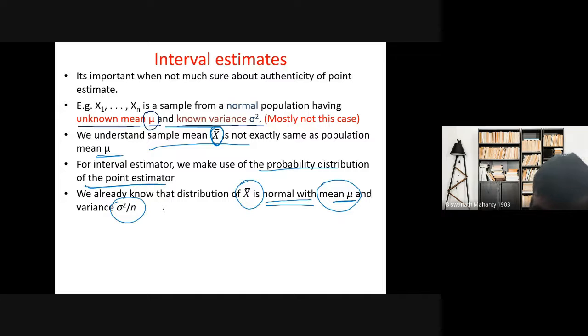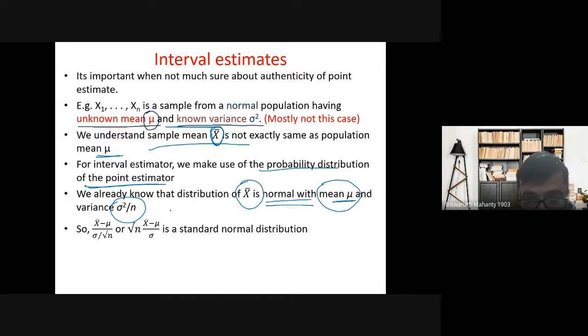So x bar is a normal distribution whose mean is mu and variance is sigma square by n.